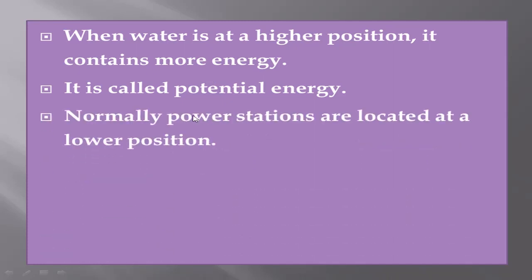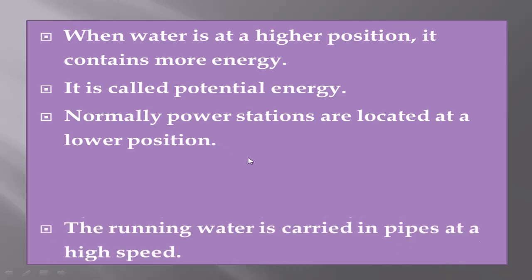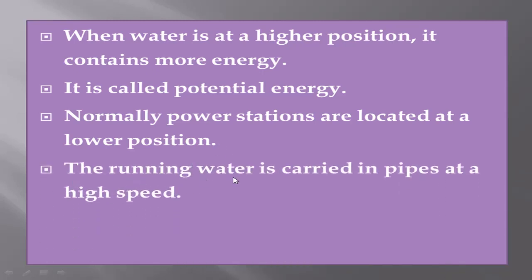Normally power stations are located at a low position, and water is contained at a higher position. Therefore, the water contains more energy, and that energy is potential energy. The water is carried in pipes at high speed. When the gate is opened, water at the higher position flows through a canal to the lower position at a higher speed.